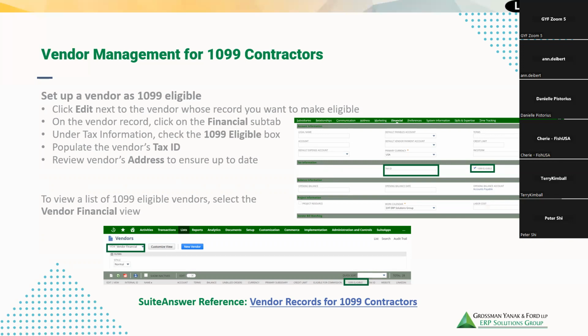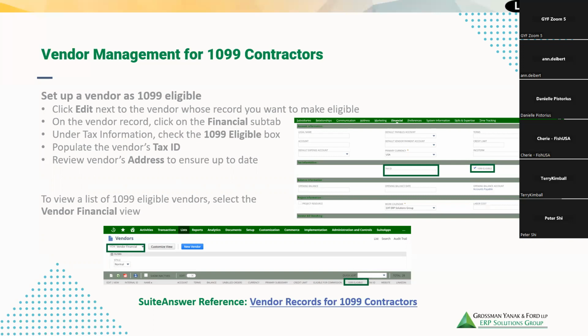Another thing that you'll want to make sure as you're going through this process and updating your vendor master is making sure that the vendor's address has been completed and filled out, along with a phone number and an email address if applicable.